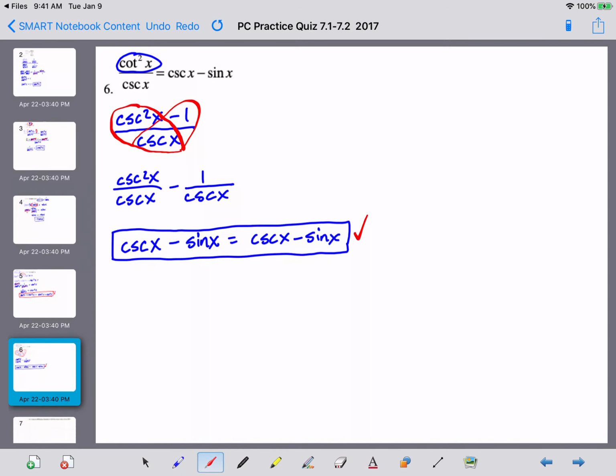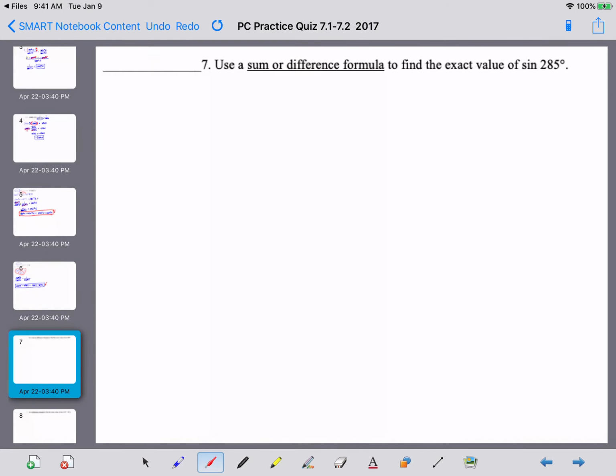All right. 2 more problems here. So these are going to use those sum and difference formulas. And if they just give you one angle right here and you're going to split it up, you can split this up in many, many different ways. So the way that I'm going to do this is not the only way. There are a lot of different ways to get the correct answer.